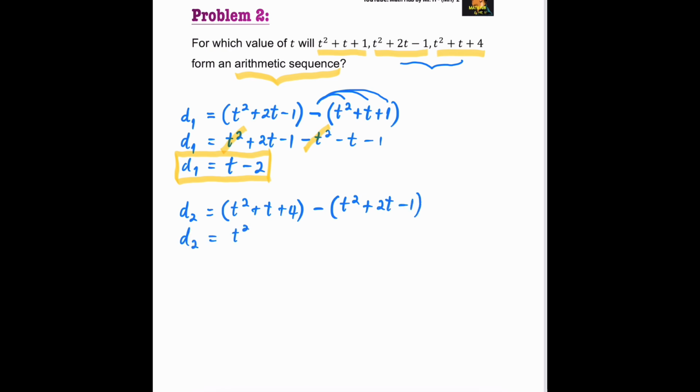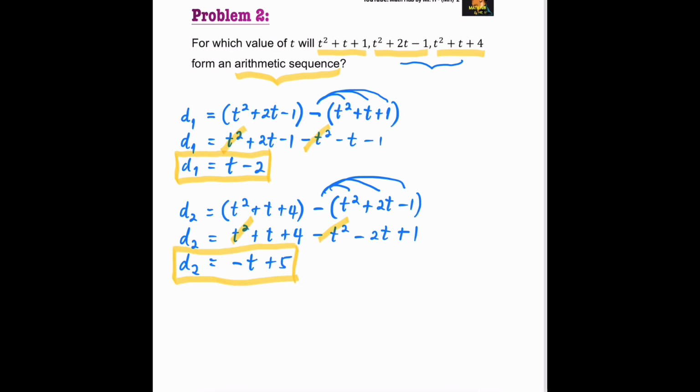So it's going to be negative t squared minus 2t. Negative times negative is positive, so it's going to be plus 1. Then we simplify. So t squared is gone. And we'll have positive t minus 2t is negative t. Positive 4 plus 1 is positive 5.